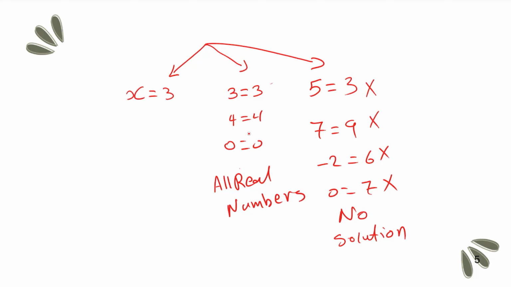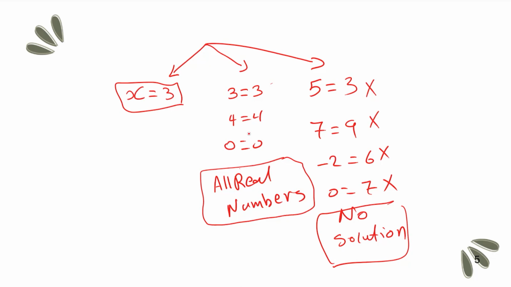Again, when we solve any equation with a variable on both sides, we can get one solution, we can say all real numbers are the solution, or we can say no solution. It depends on what you get when you solve it.